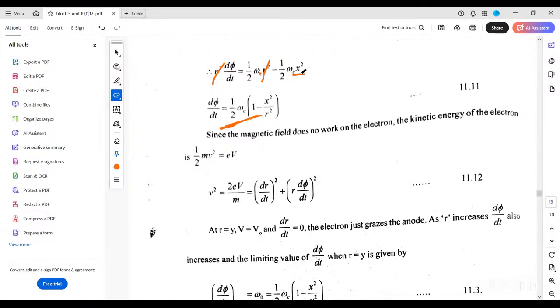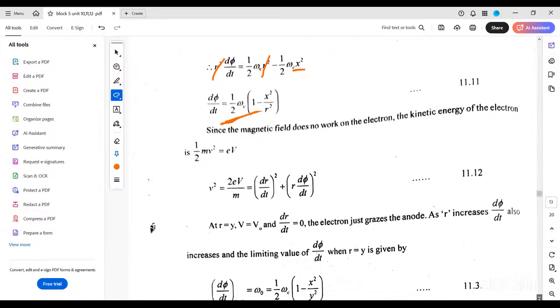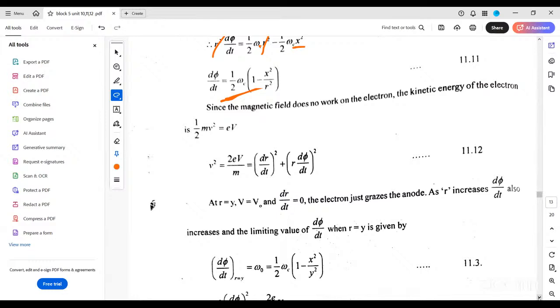Next, we take the electric field kinetic energy equation. That one we had: half mv square equal to ev. And then from that, I take velocity v square equal to 2ev by m. Next, how did we get 11.12?